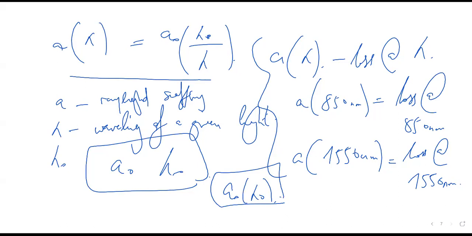I think A0 is the Rayleigh scattering loss of the fiber. Lambda 0, the Rayleigh scattering loss of the fiber.